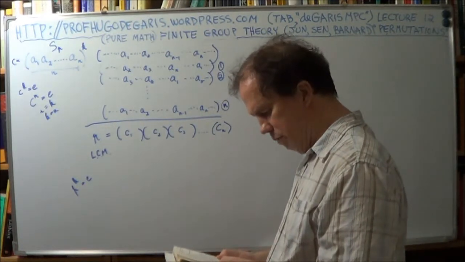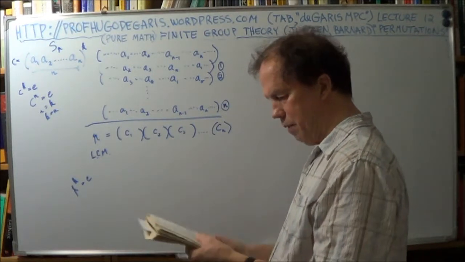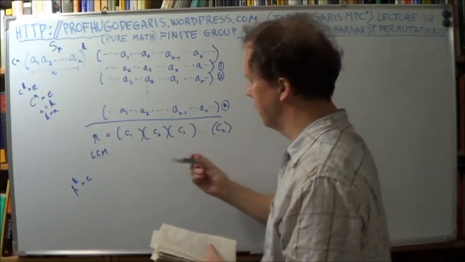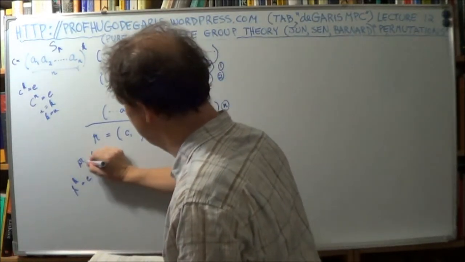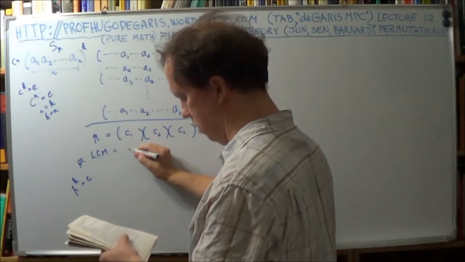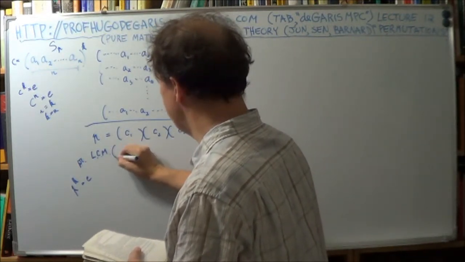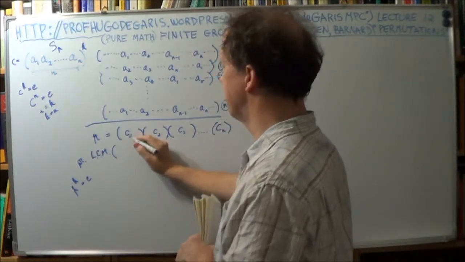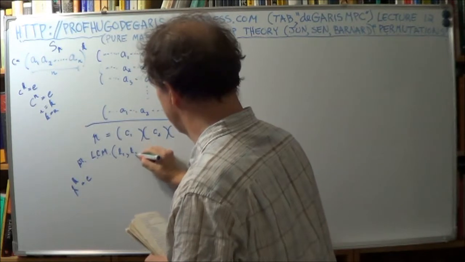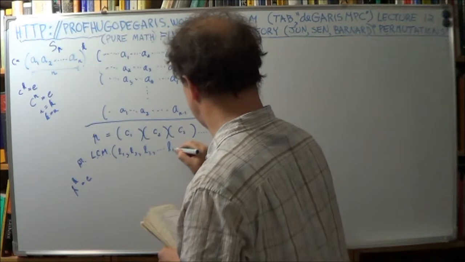K is equal to the least common multiple, LCM, of the lengths of its component disjoint cycles. These are the component disjoint cycles, say n of them. So we have to show that this LCM is the LCM of these lengths: of length 1, length 2, length 3, length n.